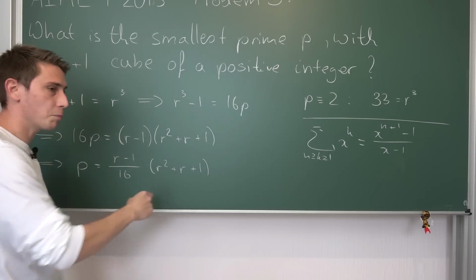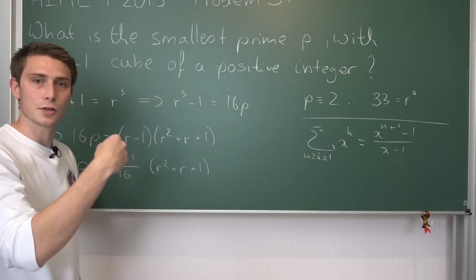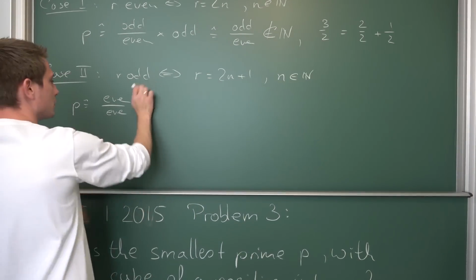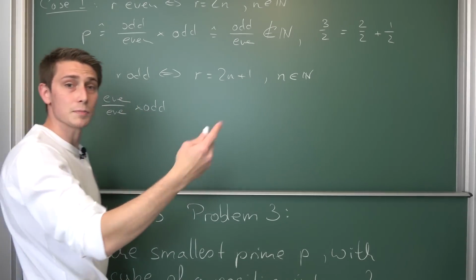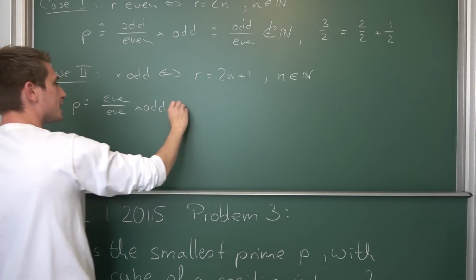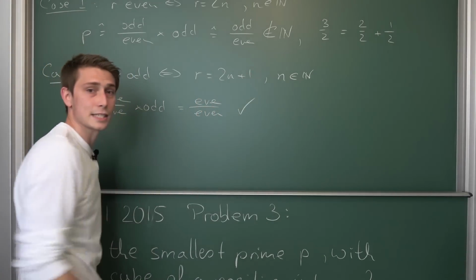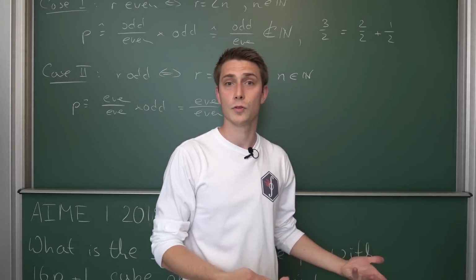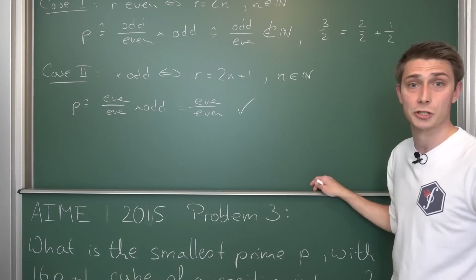We had this before, odd plus odd, 5 plus 5, is even. Even plus 1 is going to be odd in some way. So we are going to have even over even times odd. Even times odd, 2 times 5, is going to be even yet again. So this is even over even, and this does work out. 4 over 2 is going to be, well, 2. So this works out, could be an element of natural numbers. There's no contradiction here.